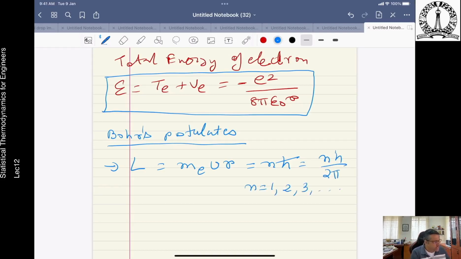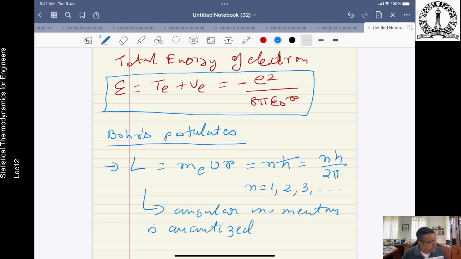So n is an integer, as we all know. So the angular momentum is quantized. This is the first postulate of Bohr.